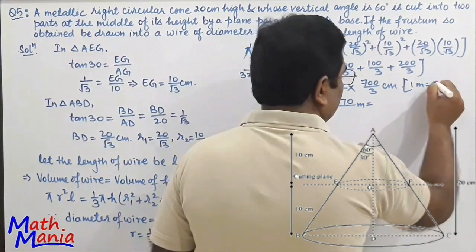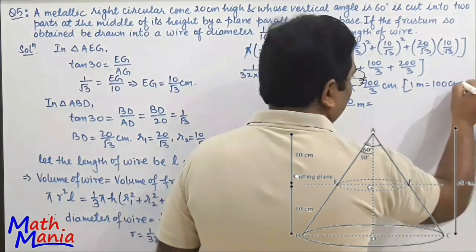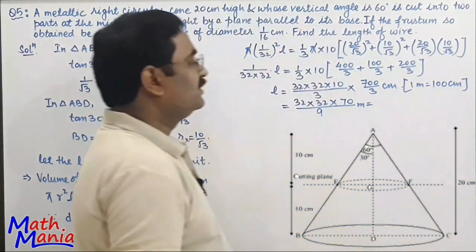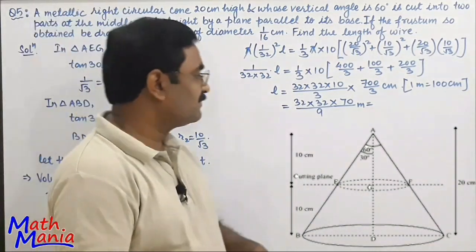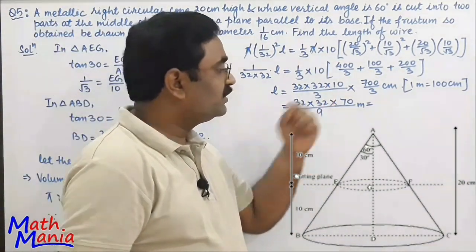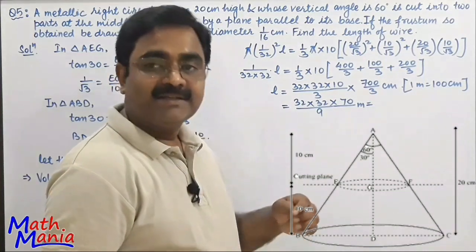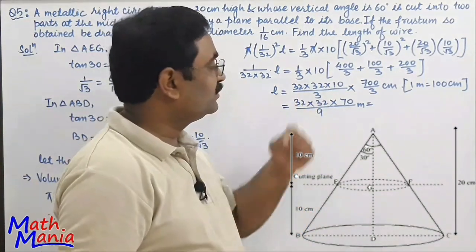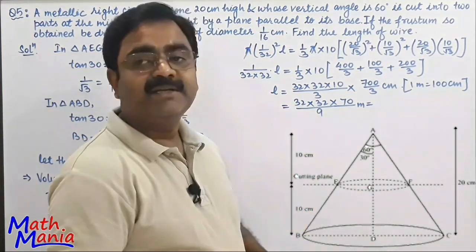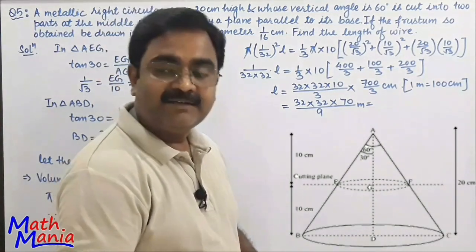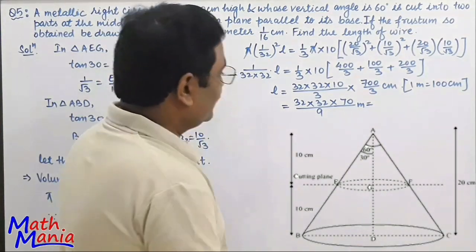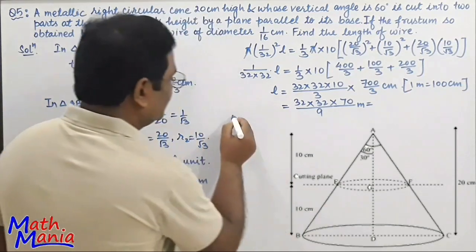Now let us calculate the value of 32 into 32 into 70 divided by 9.